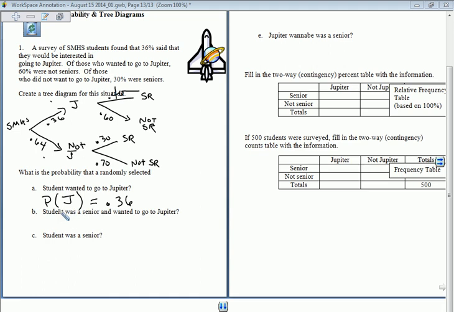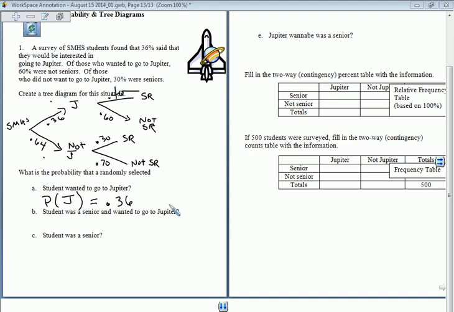Now, the next one says, what is the probability that a randomly selected student was a senior and wanted to go to Jupiter? So a senior and wanted to go to Jupiter. Well, only 36% wanted to go to Jupiter, and of that, 40% were seniors.